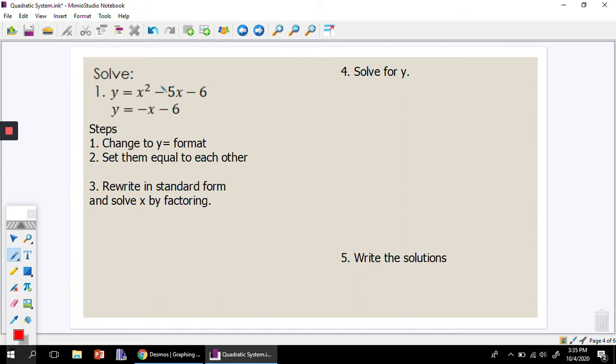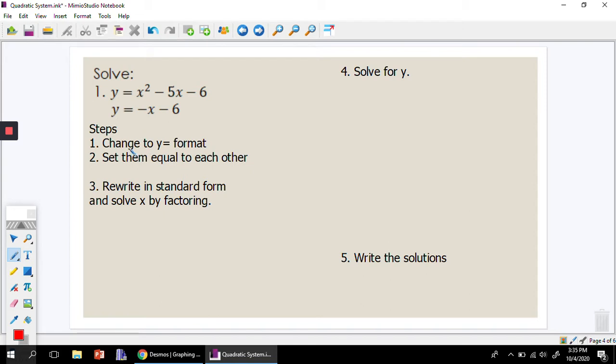We are looking for the values of x and y that will make these two equations true. So the values of x and y should be the same for the given equations, and should make them equal or true.